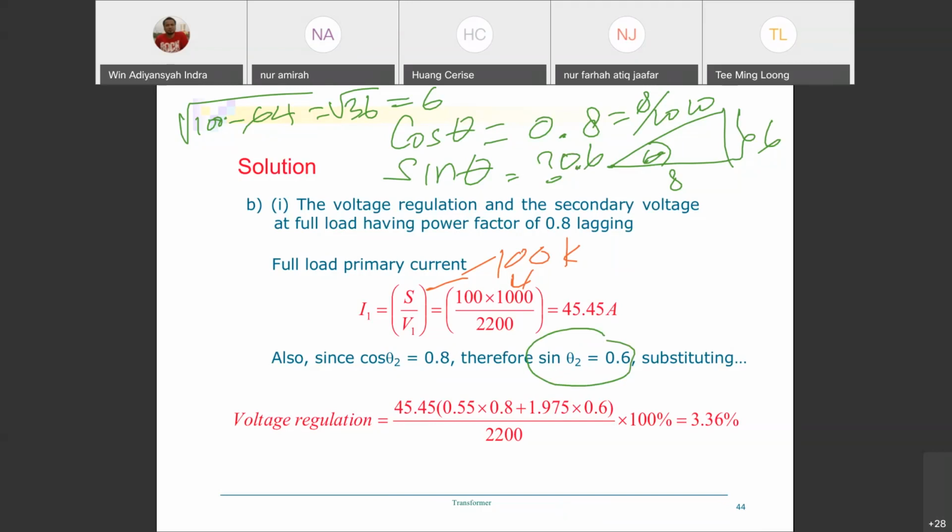So use the formula then. Use the formula and you will get this one. This is the formula from the slide. All parameters you already have.